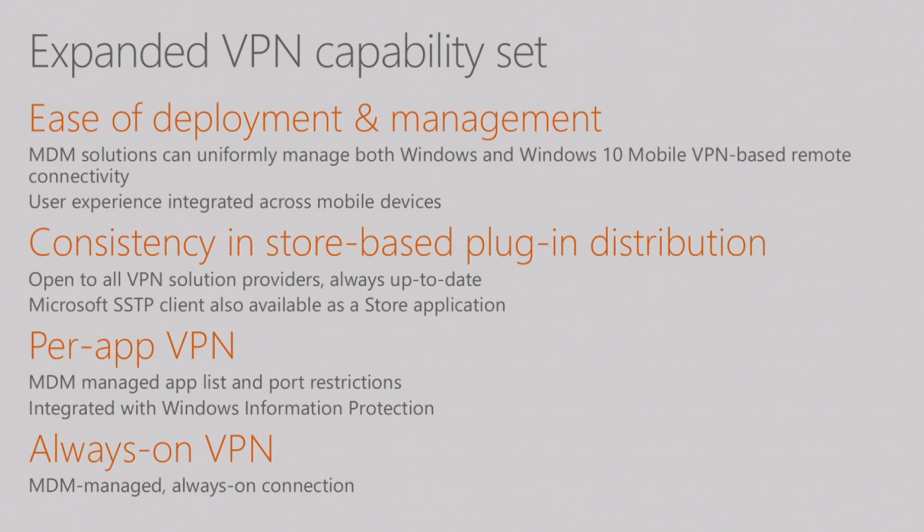And then you have per app VPN, so whenever a user uses a certain application that needs to connect, automatically the VPN will be brought up, and if that application is closed or goes to the background, the tunnel will be closed for that application.